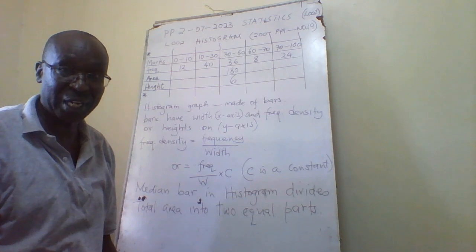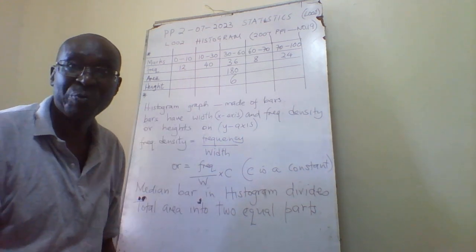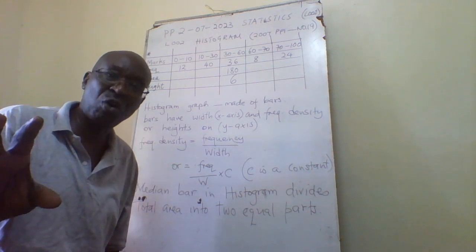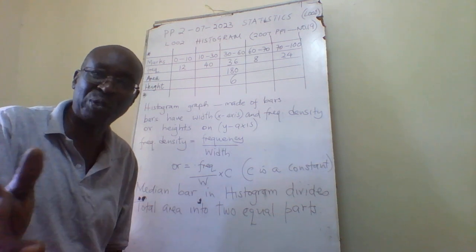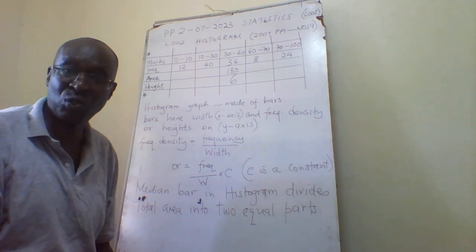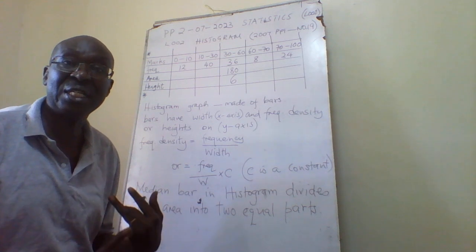You see, 2007 it came in paper 1, now it has come in paper 2, but that is immaterial. All you need to know are mandatory topics. So whether they are brought in paper 1 or paper 2, it doesn't matter. Statistics is one of them. Do you remember? I mentioned a few. Statistics is mandatory.